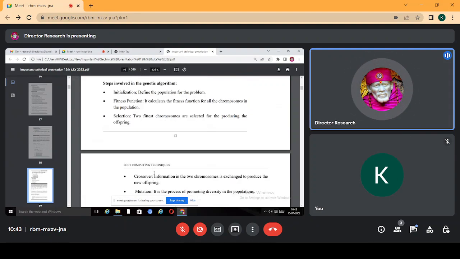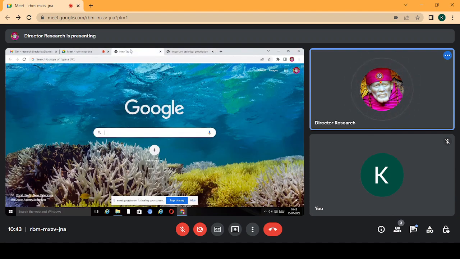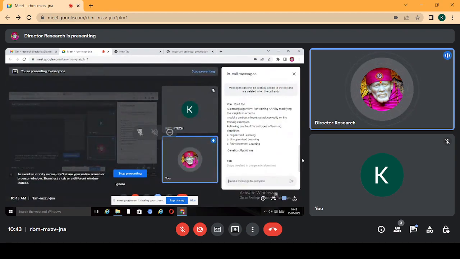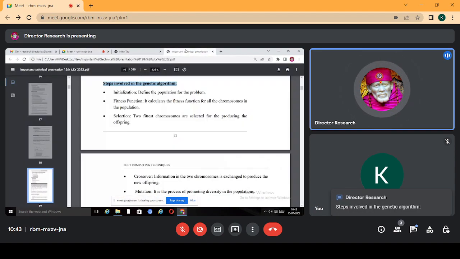Steps involved in the genetic algorithm. What are the different steps involved in this genetic algorithm? That is important. First one is initialization, defining the population for the problem.